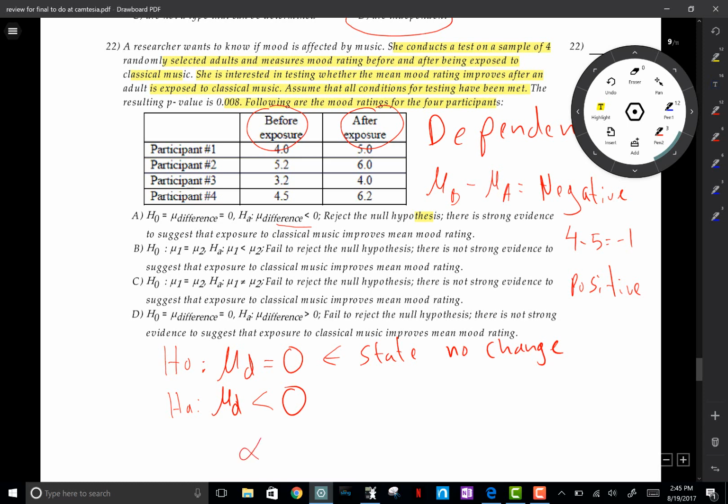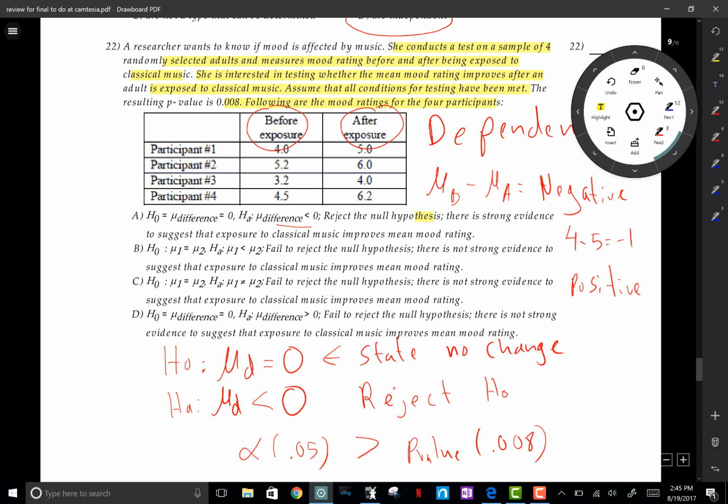Alpha is equal to 0.05 because they don't state what alpha they use. But if you look at the p-value, it was 0.008. So 0.05 is greater than 0.008. So for this one, we should reject the null hypothesis.